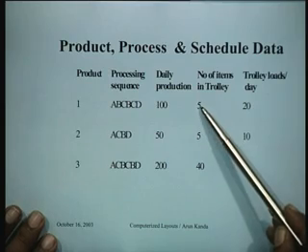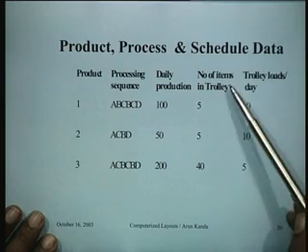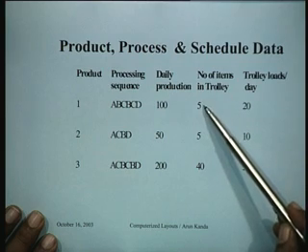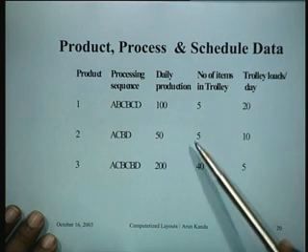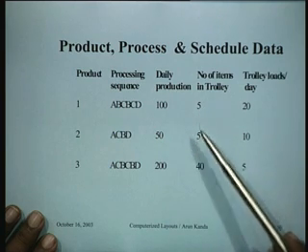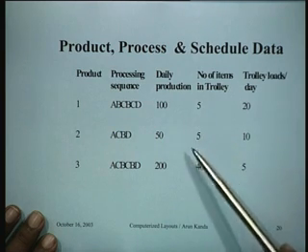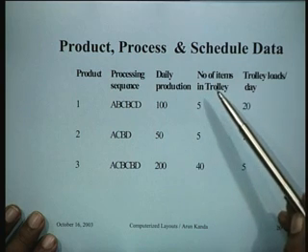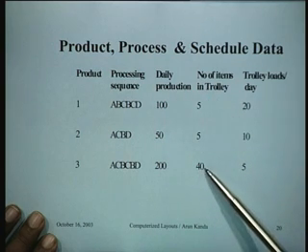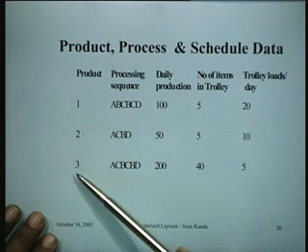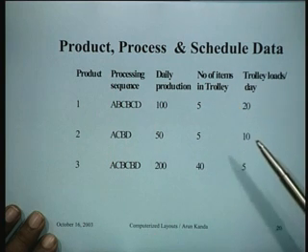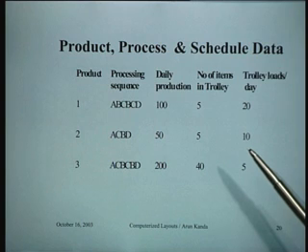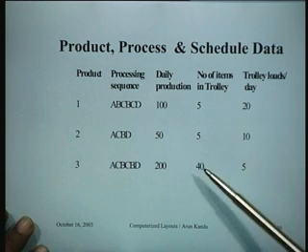The number of items that can be accommodated in a trolley for product 1 is only 5. Similarly 5 for product 2. What it means is that products 1 and 2 are roughly of the same size, right? And this third product is much smaller in size. So 40 products of this size can be accommodated in the same trolley, and our unit is movement in trolley loads.